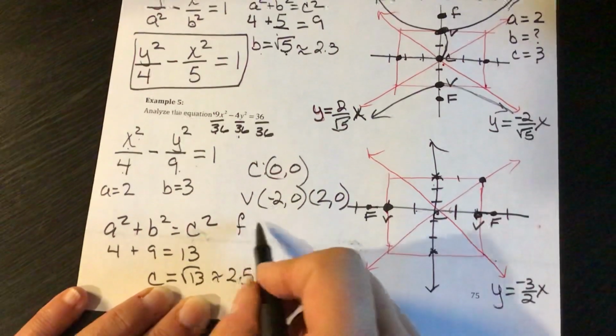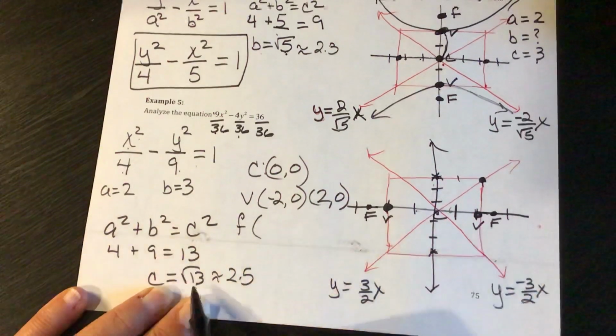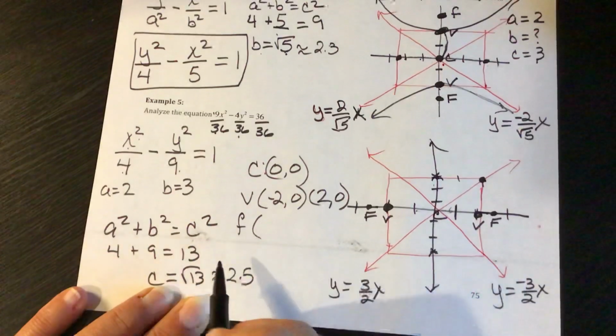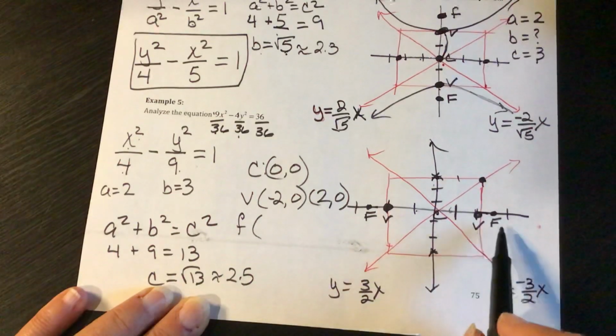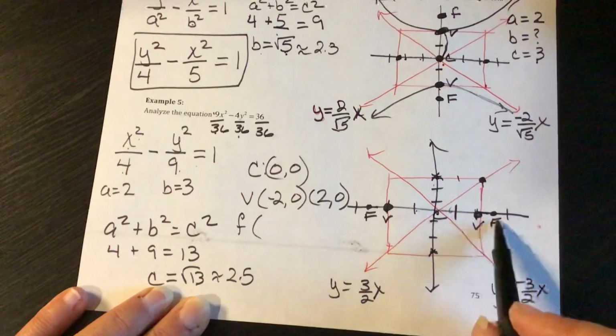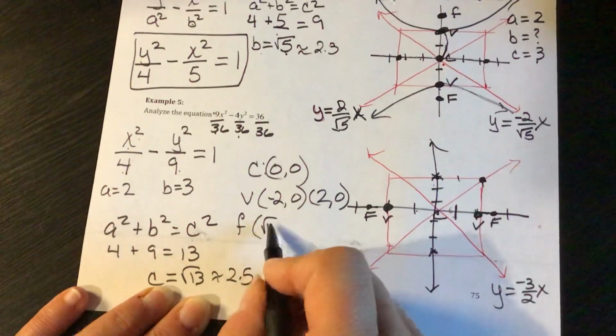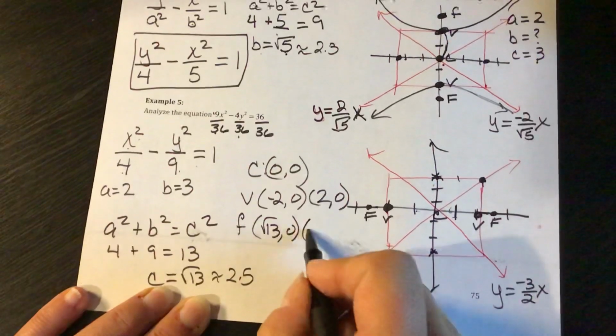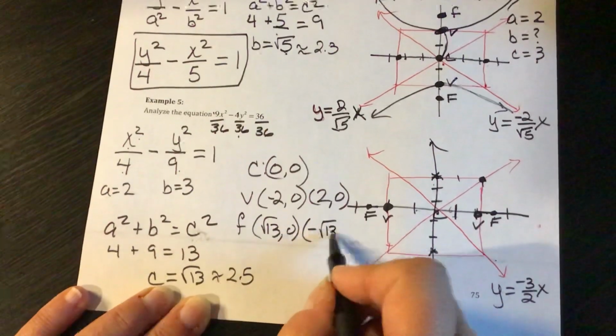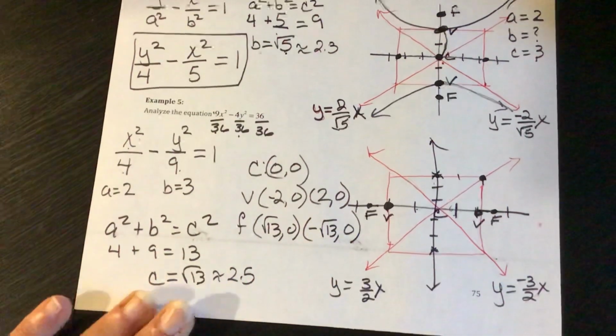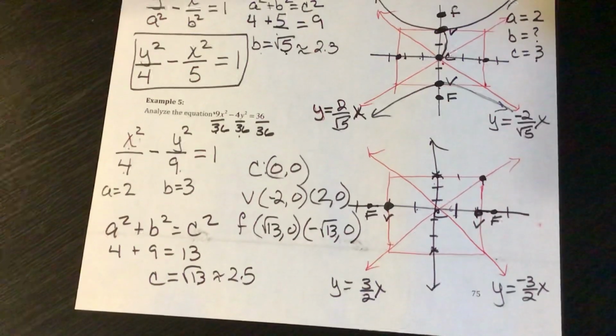And my foci are at the square root of 13, 0, and negative square root of 13, 0. Okay, so that's it for this first half of the hyperbola section.